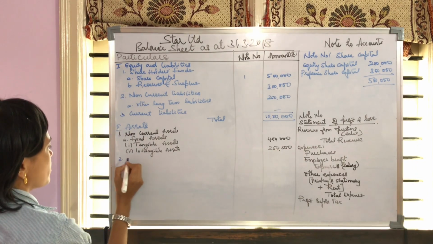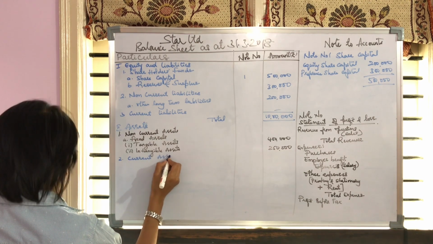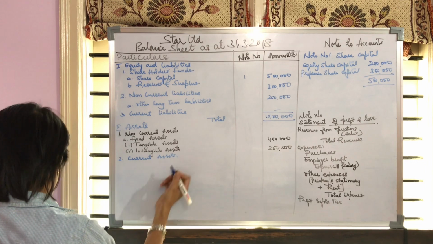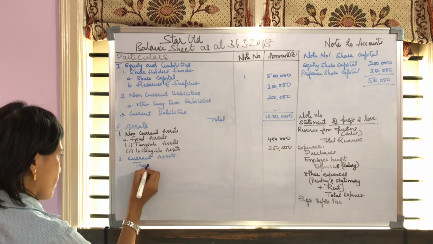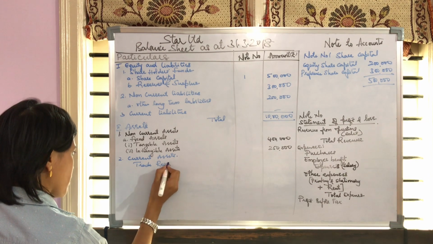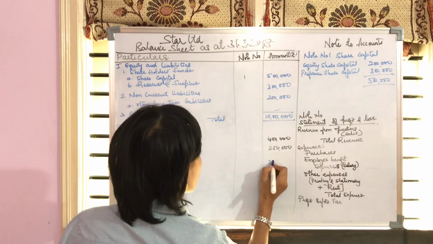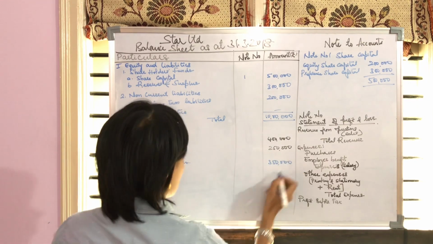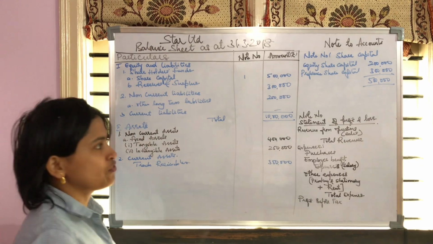Let's do the next part. Current assets. Under current assets we have trade receivables 3,50,000. Now we have other information.